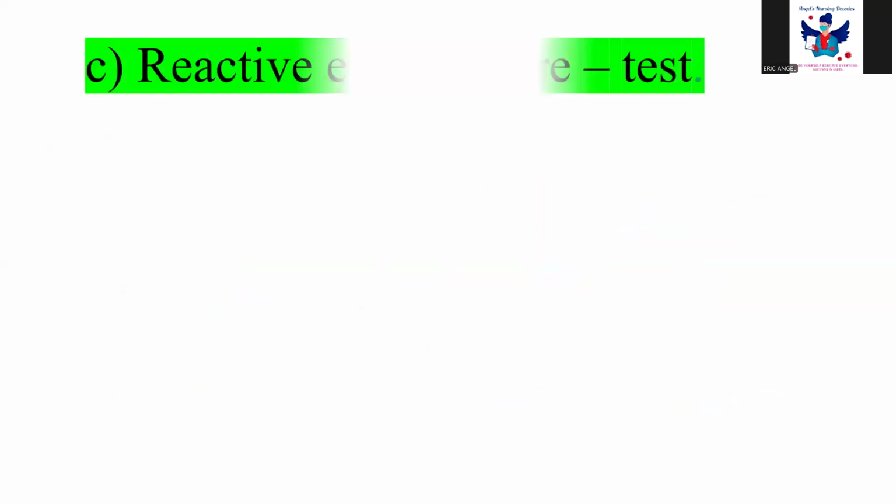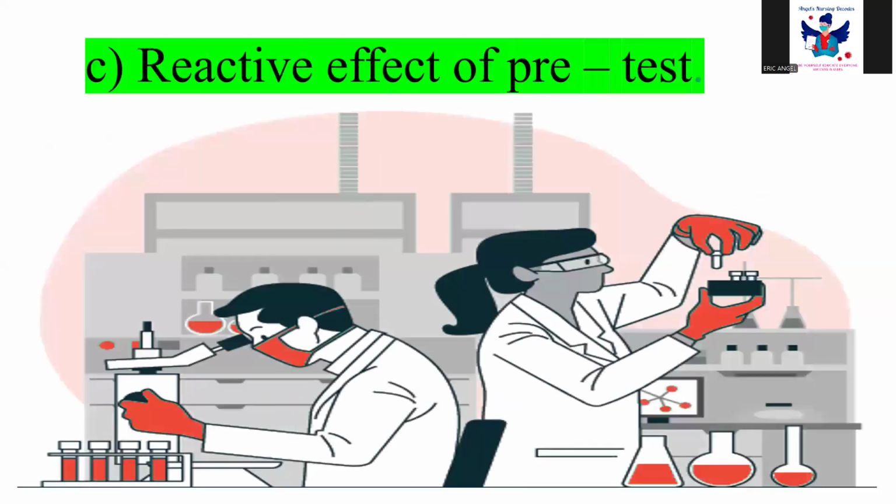Next is reactive effect of pretest. The reactive effect of the pretest occurs when the subjects have been sensitized to the treatment because of taking a pretest. People might not respond to the treatment in the manner they finally do if they had not received the pretest.